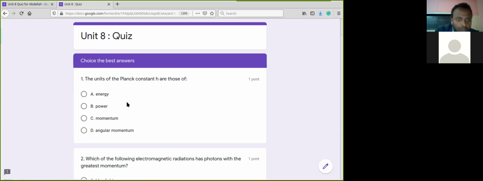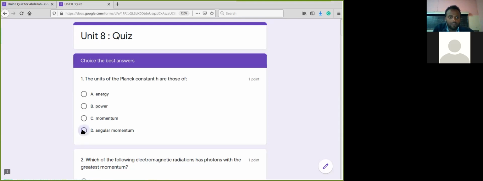Power again cannot be. Compare with the units of momentum and angular momentum. Momentum is kilogram meter per second. Therefore, what is angular momentum? Kilogram meter square per second. So the unit of Planck's constant is the same as the units of angular momentum, yes? Therefore, option D is the correct answer.